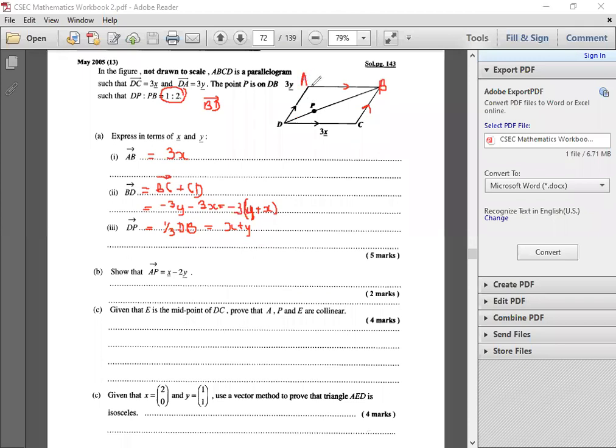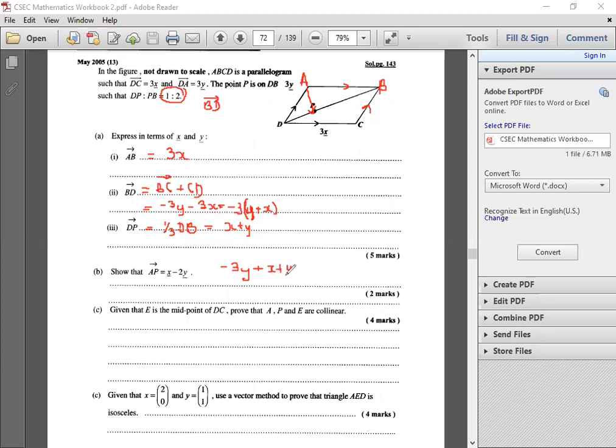AB. So we want to show that this is that. All right, so we're moving from A to D, which is negative 3y. And then we're moving from D to P, plus x plus y, right?